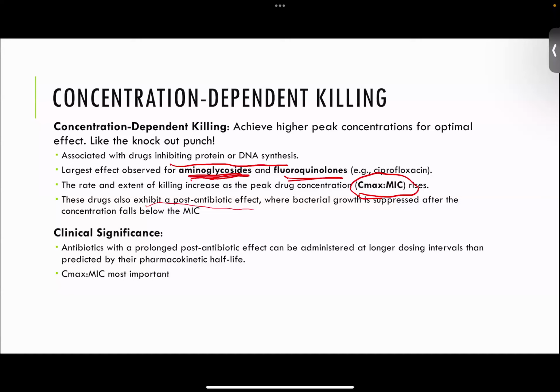It's probably because it's happening at the protein synthesis stage that the effect goes longer than the drug is actually above the MIC. So we use that so that we can get a really high peak and have a longer tau than what we might have thought we could, so that we can avoid toxicity.